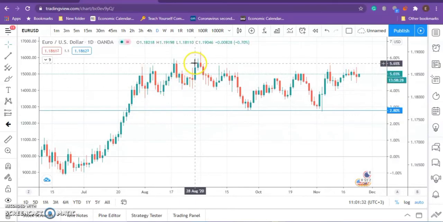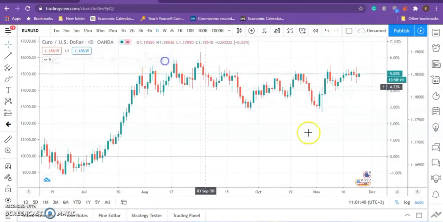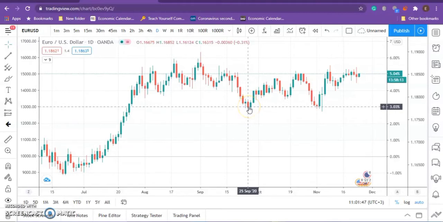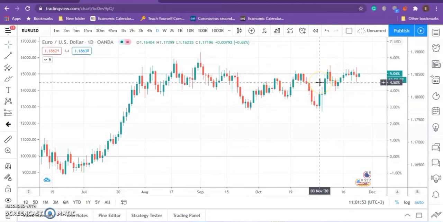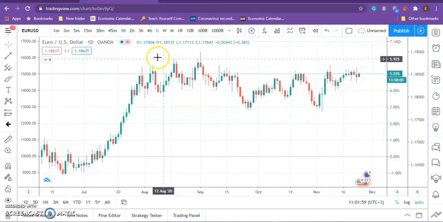The resistance point is actually the point which is above the support. The lower one is actually the support. So to determine if this is a support level or resistance level, we look at the general graph, by looking at these points right over here.